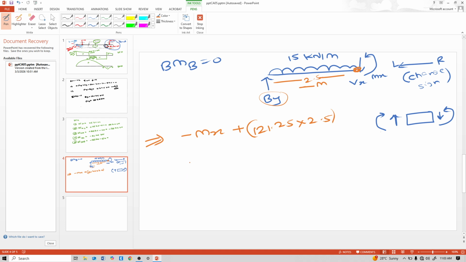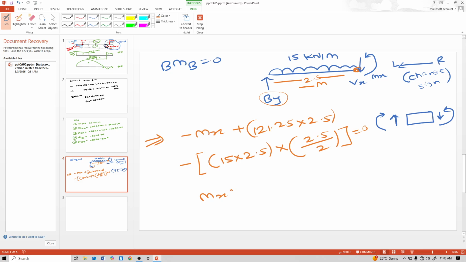So minus 15 into 2.5 is the concentrated point load, and this concentrated point load acts at the middle of this beam, that means 2.5 by 2, and equal to 0.